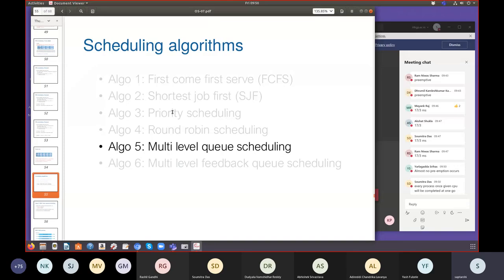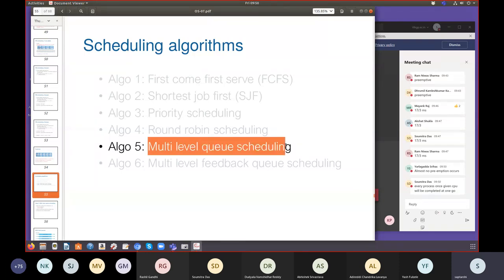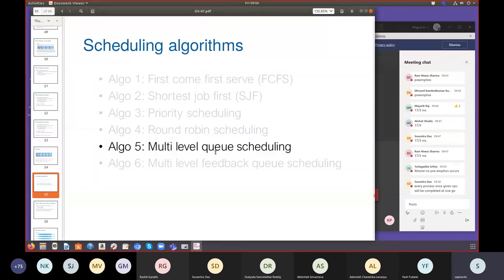Let me move on to the next scheduling algorithm, multi-level queue scheduling. Even before going there, let me just ask you, what do you think could be the basic idea of multi-level queue scheduling? Like queue scheduling we understand, like we have been talking about a ready queue, etc. But why is this multi-level?